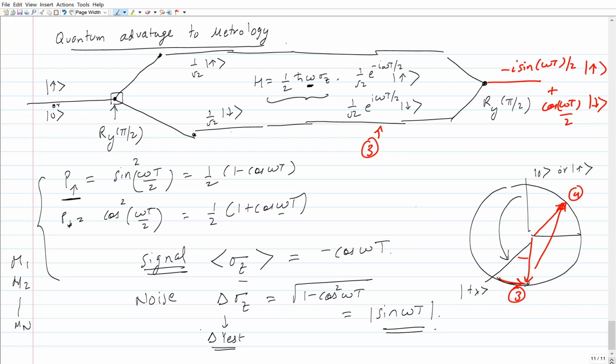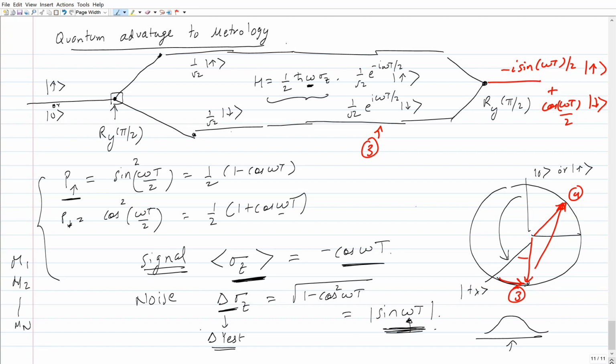So as we discussed, this is in some sense my estimator, which has the information about the frequency omega embedded in it, and I repeat this experiment many times. I get the expectation value of the signal, which is my signal, and the variance, what is going to be the spread around the parameter, that is going to be given by sine square omega t.